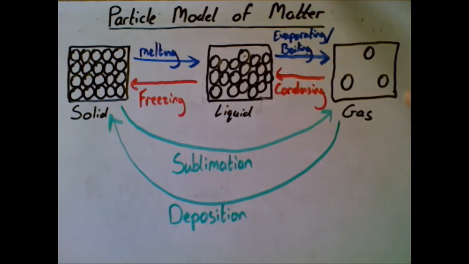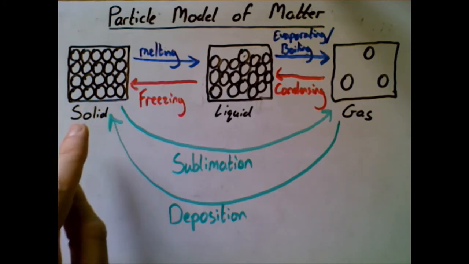A gas, on the other hand, has barely any forces or bonds between the particles, very, very weak bonds. Particles are spread out, free to move around in the container, and so that's why a gas will fill its container. It will spread out and fill the whole container. Now, all of these ideas link into the amount of energy the particles have. Because in a solid, the particles actually don't have that much energy at all.